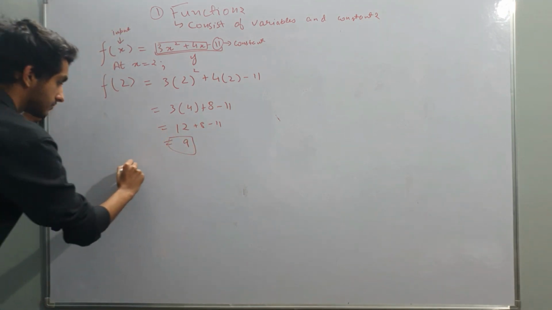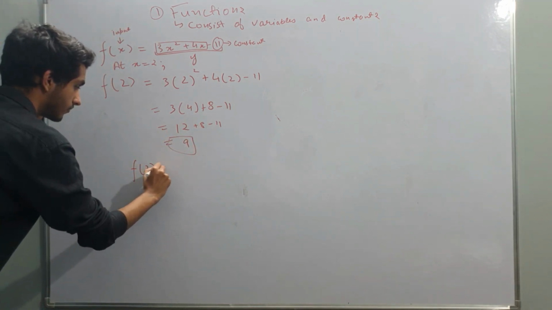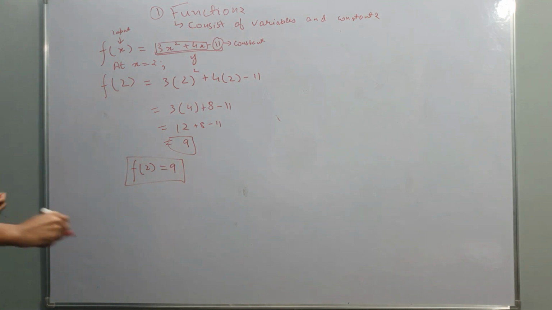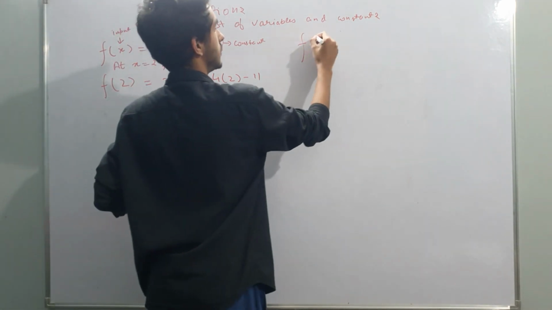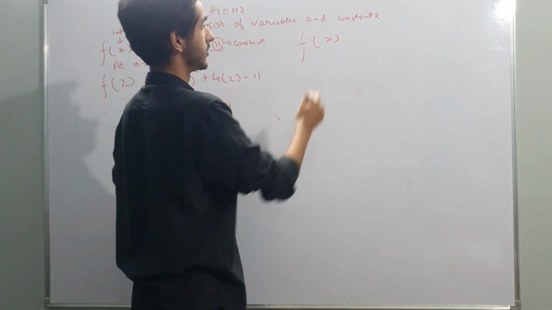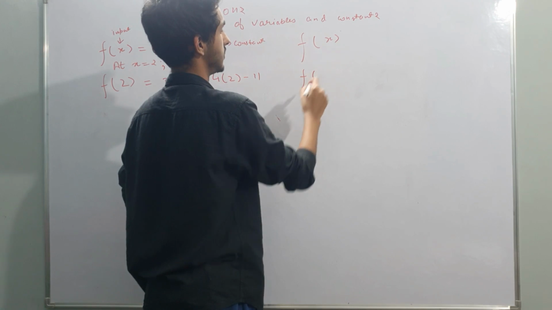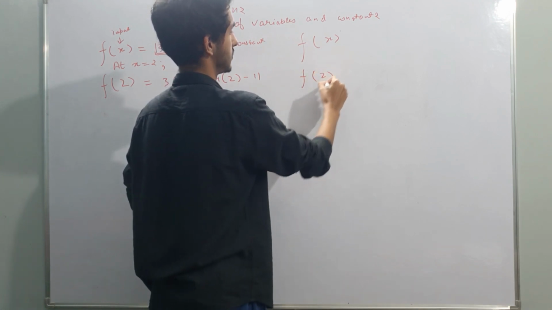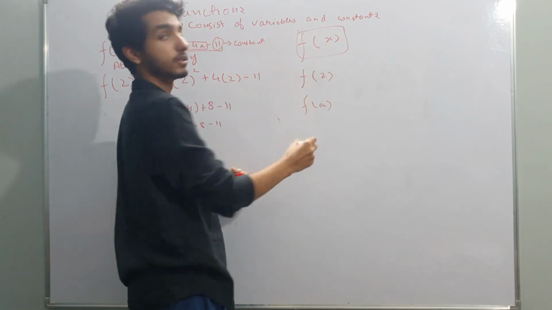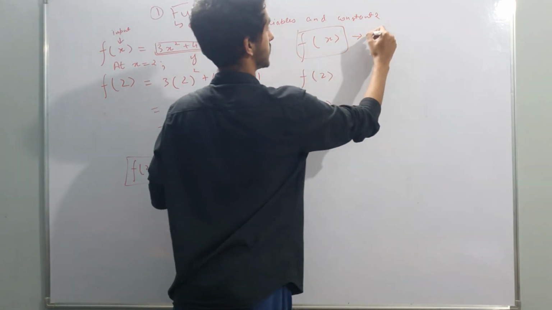Hence we can say that, so this is actually the general notation for our function. We can also use other variables, let's say function of z or function of a, but this is actually the most used notation for a function.